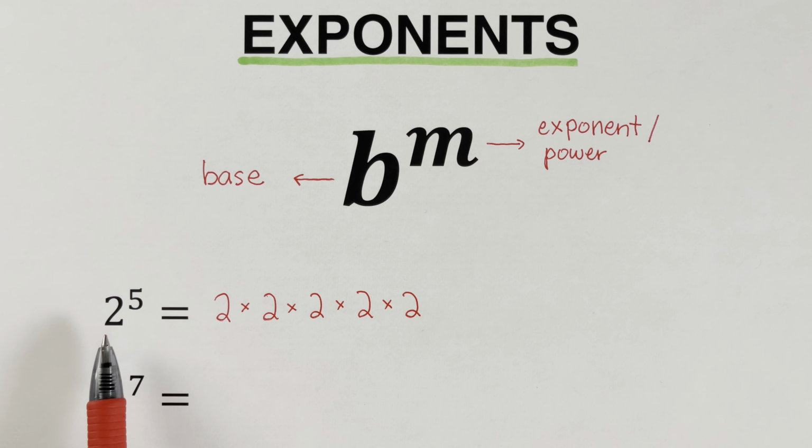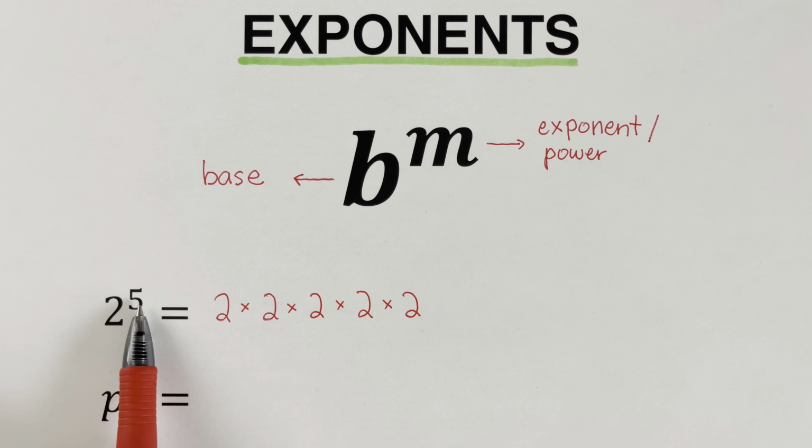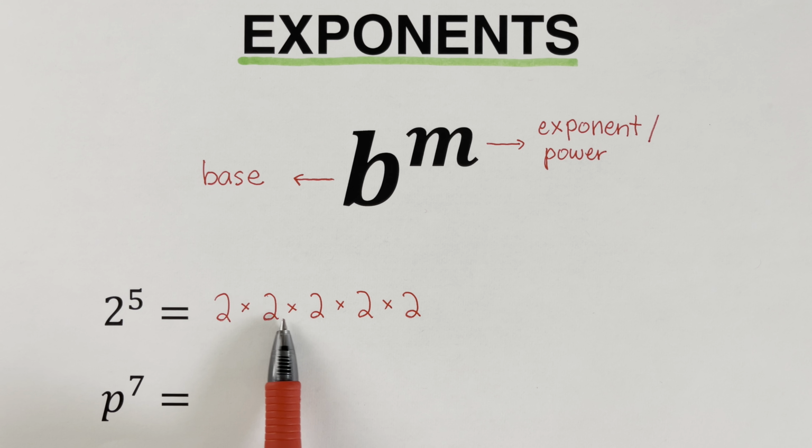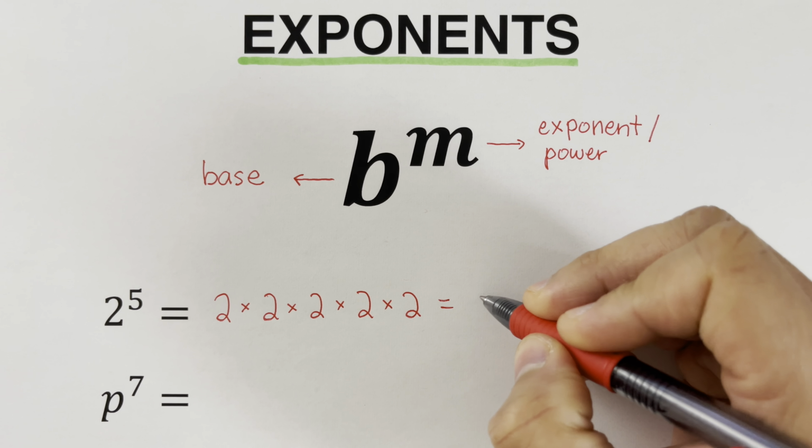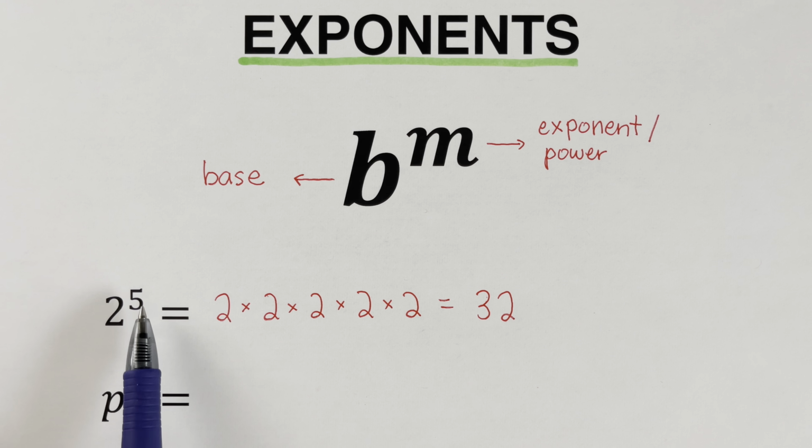The base 2 is multiplied by itself 5 times: 1, 2, 3, 4, 5. If we use a calculator on this, it will give us 32.